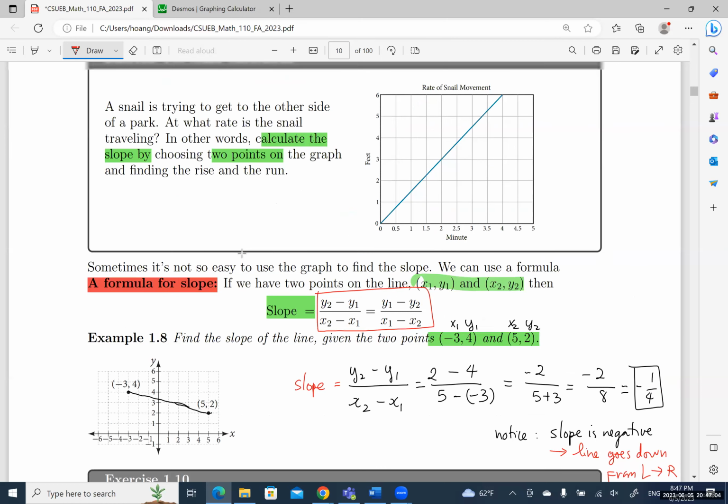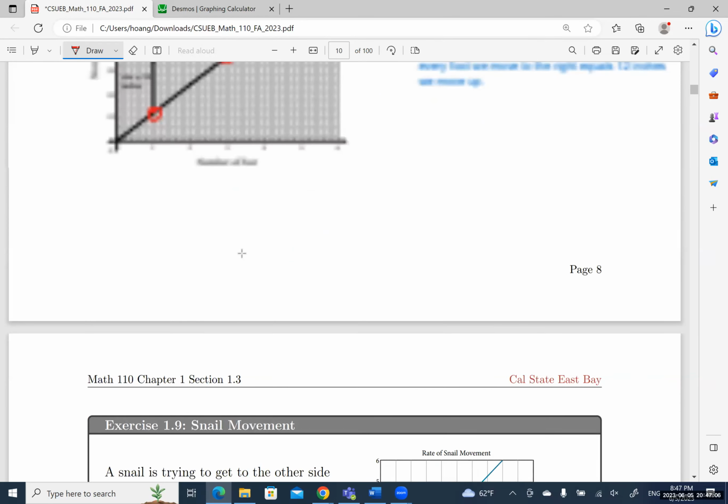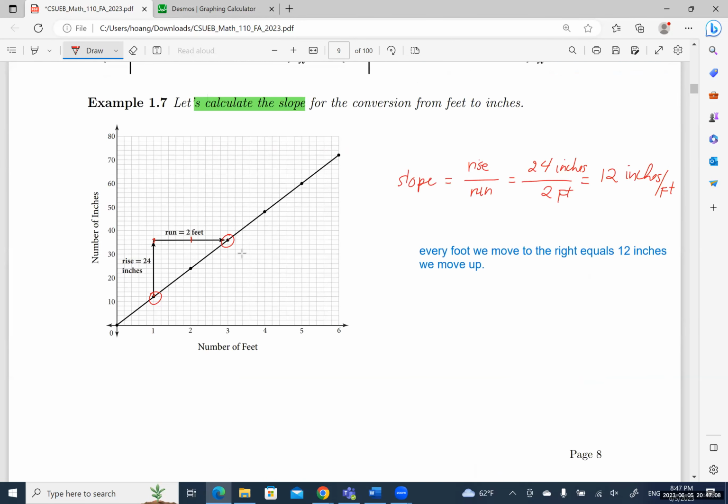If you go up a little bit here and see the slope, note that the slope is positive. And the line goes up from left to right.